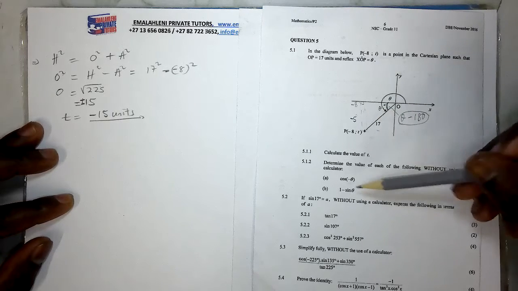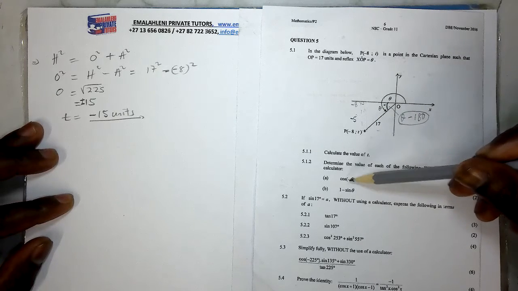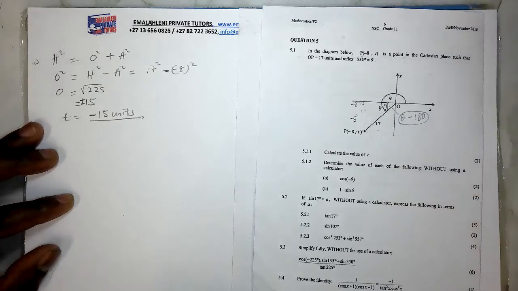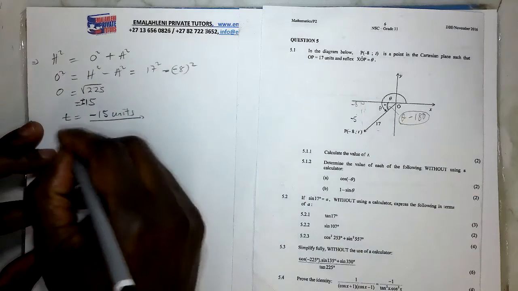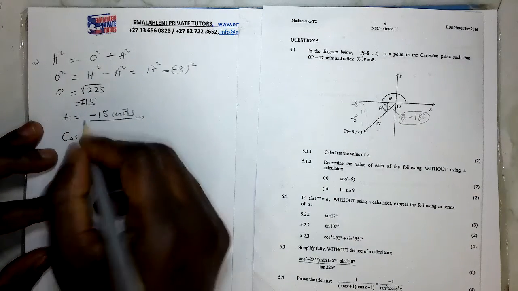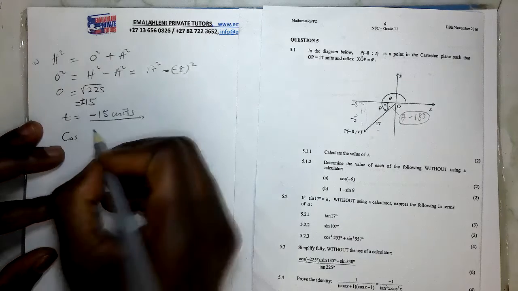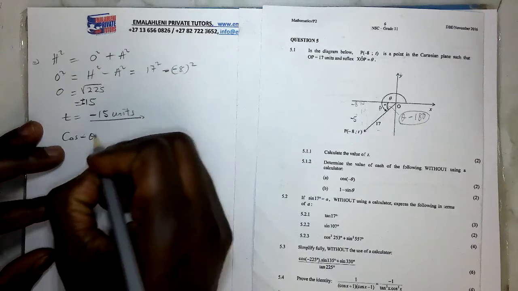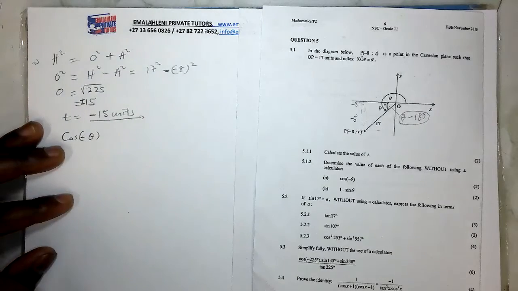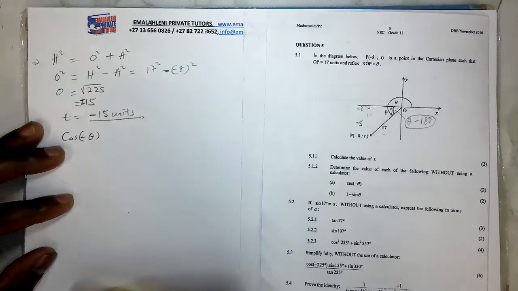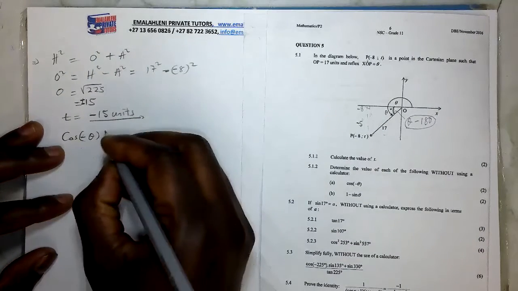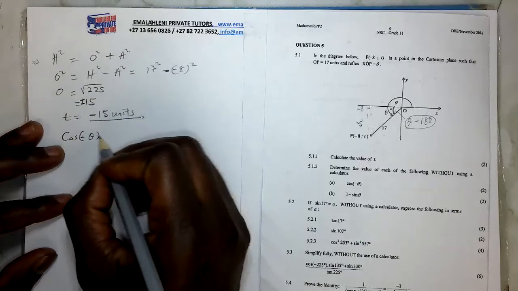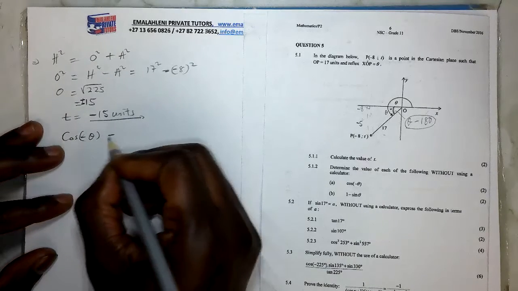Then what we are asked to find is cos negative theta. If you check our reduction formulas on the Trig 2 lesson, you can check on our page, then you find that we have done this.